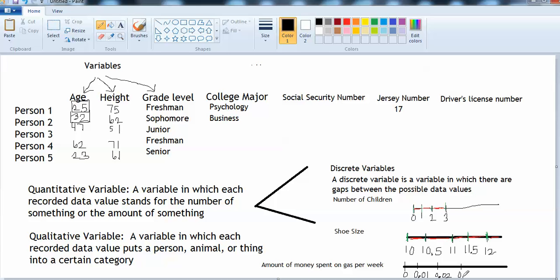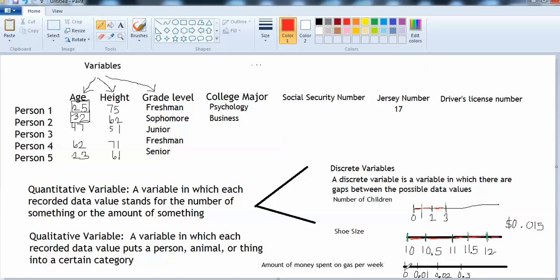But a person wouldn't be able to spend, let's see, 0.015 cents. I don't think a person would be able to spend this amount of money on gas per week, because there's no coin that's smaller than a penny.